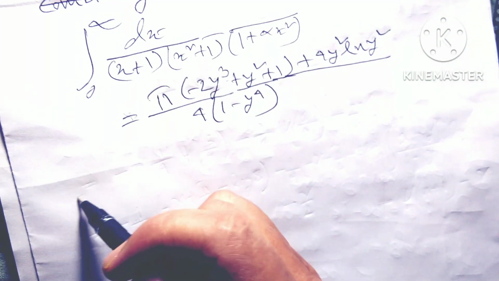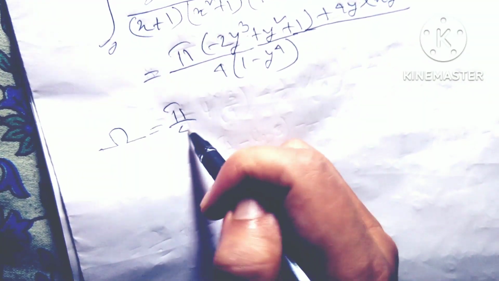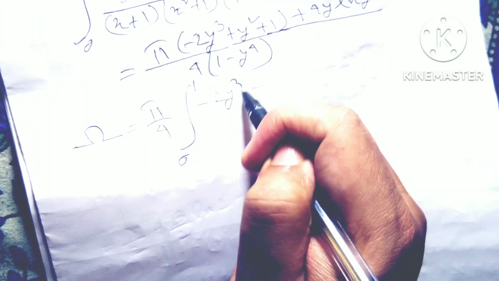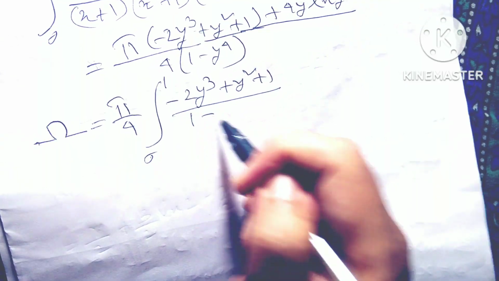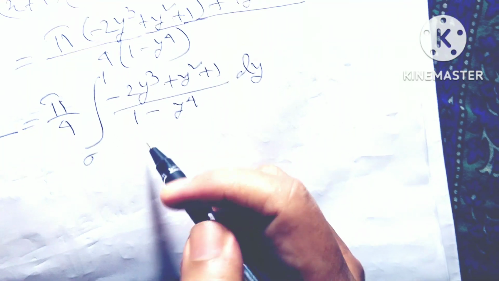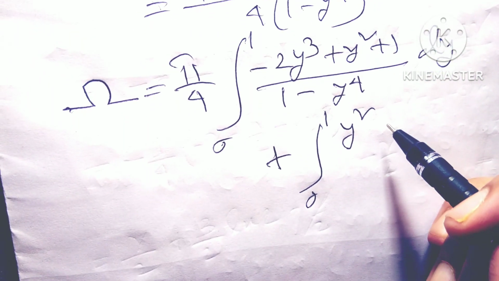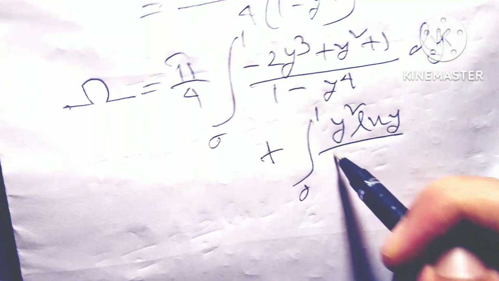And whatever I get, omega is equal to pi by 4 times the integral 0 to 1 of (minus 2 y cube plus y square plus 1) divided by (1 minus y to the power 4) dy, and plus the integral 0 to 1 of y square ln y divided by (1 minus y to the power 4) dy.